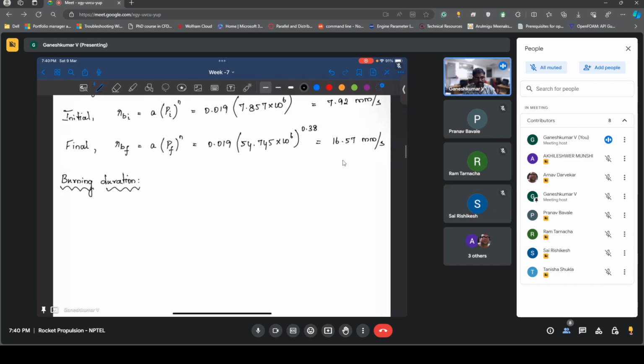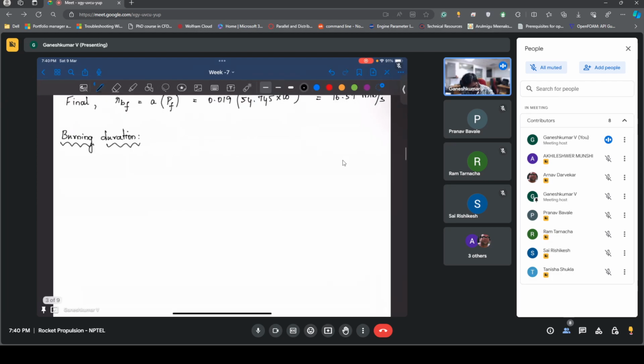But burning rate is not constant, it is a function of pressure, right? So you are telling that I am going from Ri to Rf with some Rb, right? So basically you are telling dRb by dt, if we just integrate, this will be some value, and you are just asking me to integrate from Ri to Rf.